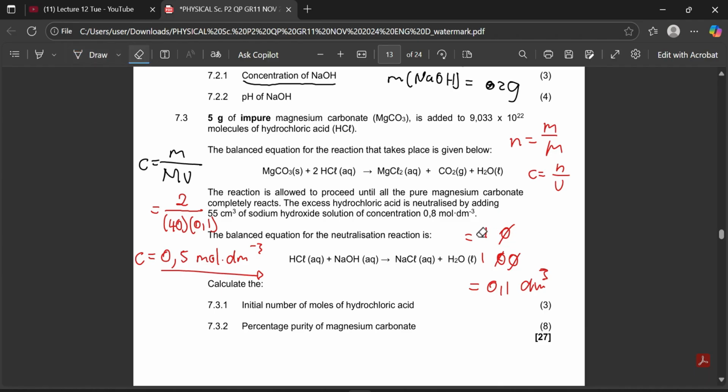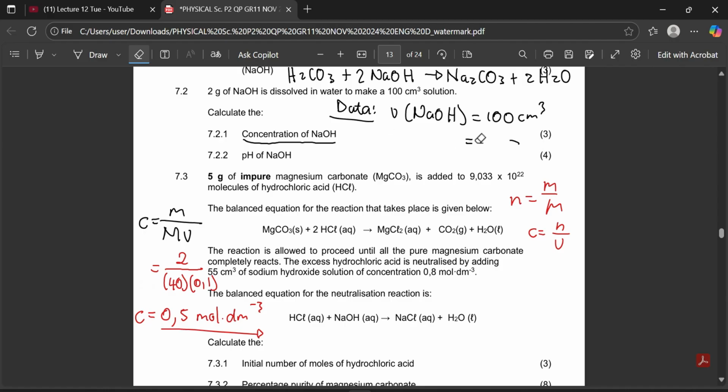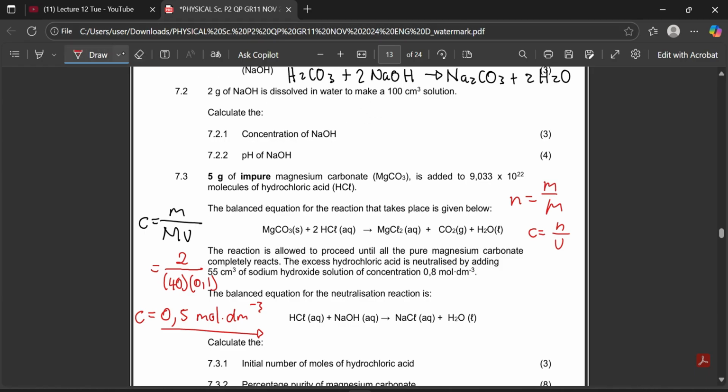But like I said, it would be a bit tedious. But if it works for you, then you can stick to it. So the concentration we have here is 0.5 moles per cubic decimeter. Okay, so that is our concentration.